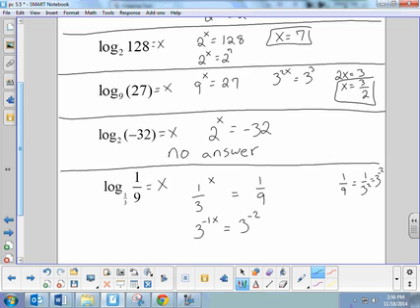Take your exponents, set them equal to each other, and we can do that because we have the same base. X is 2.